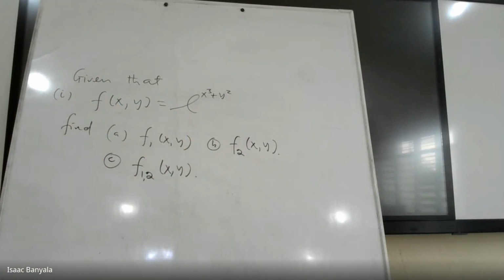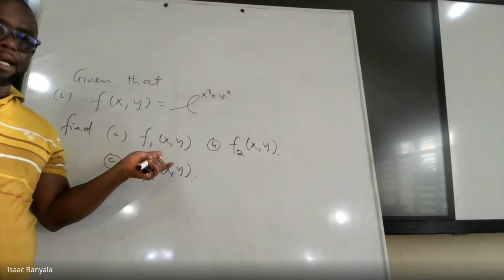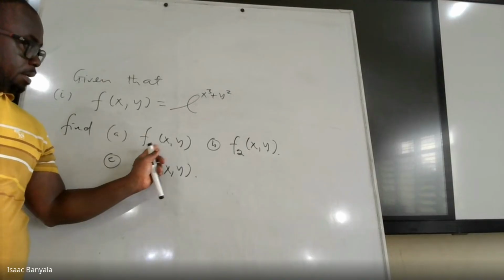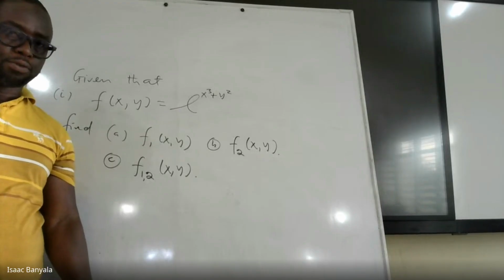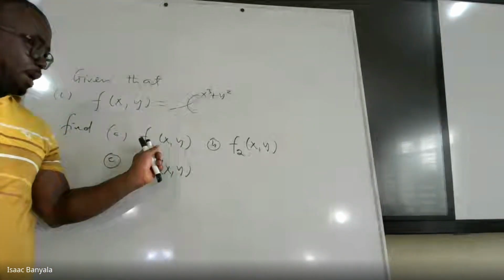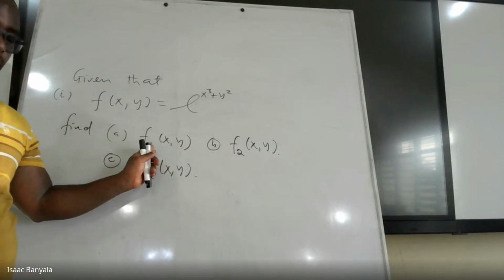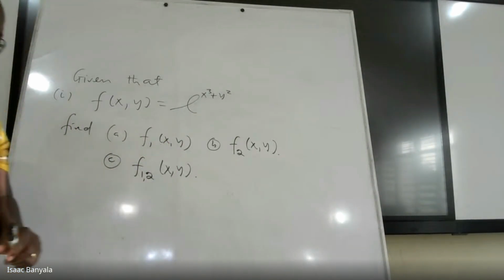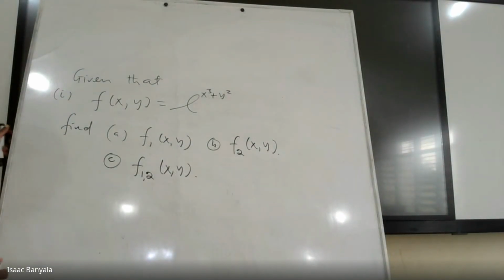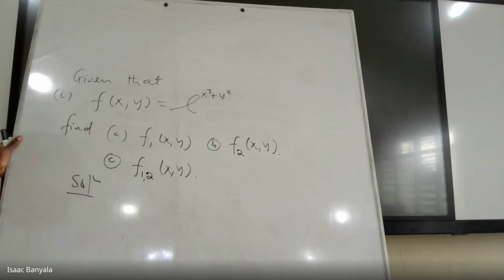Remember last time I said that if you don't see the x and the y at this place, then we can use our figures like 1, 2. The x stands for 1, then y stands for 2. But if I have f11, it's the same as fxx. Let's take the first one and see how we are going to solve.